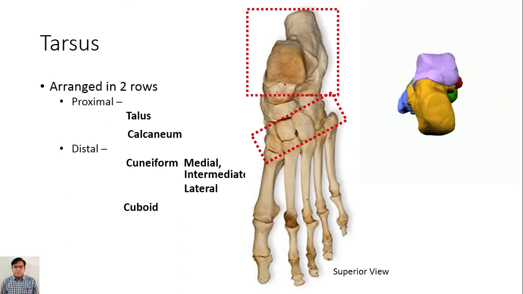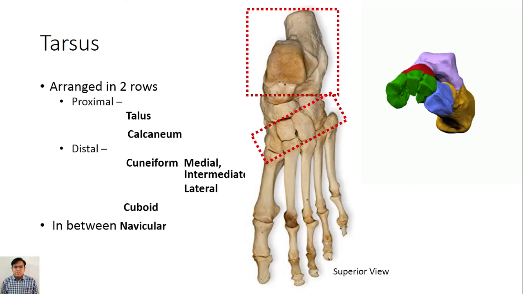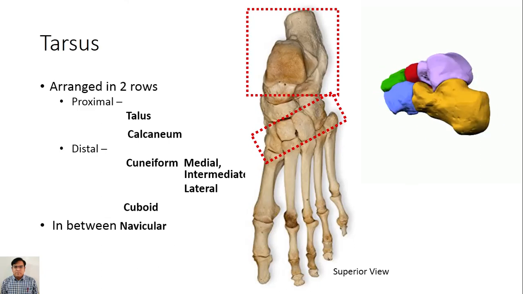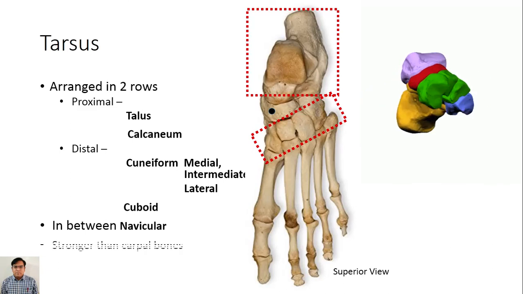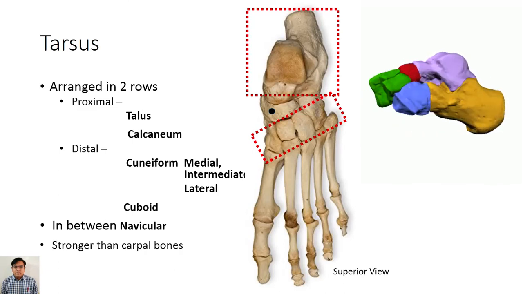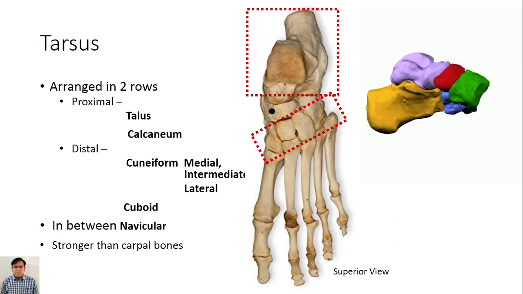In between these two, navicular bone is present. So, this is navicular bone, and this tarsus is stronger than the carpal bones.